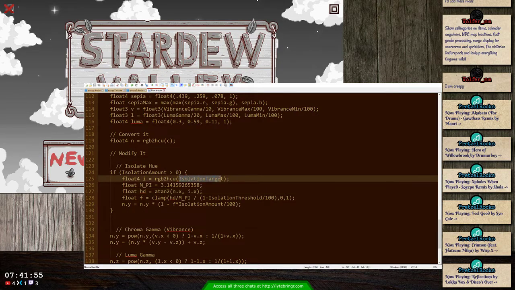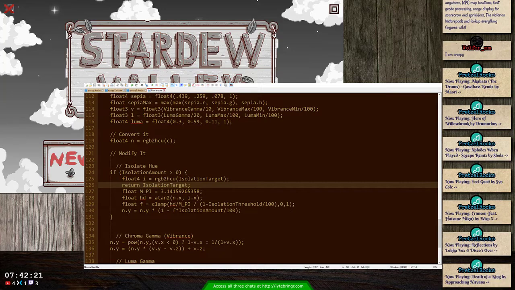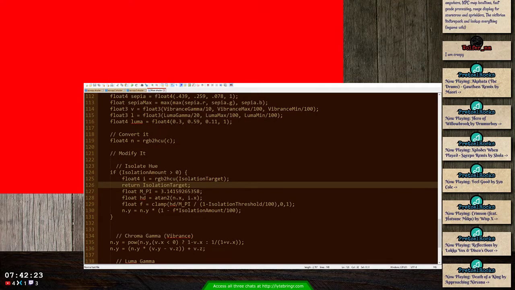So either in choosing the isolation target or in figuring out the distance. So what we're going to do is return isolation target. Make sure it knows what we're doing. It knows what we're doing.